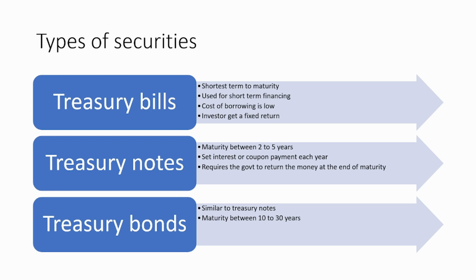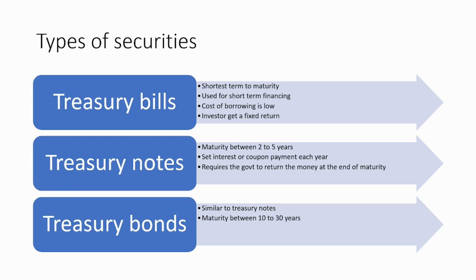And then you have treasury bonds, which are very similar to treasury notes, except that this is longer term financing where the maturity is between 10 to 30 years. And these are securities which are normally bought by institutions and less by normal people.